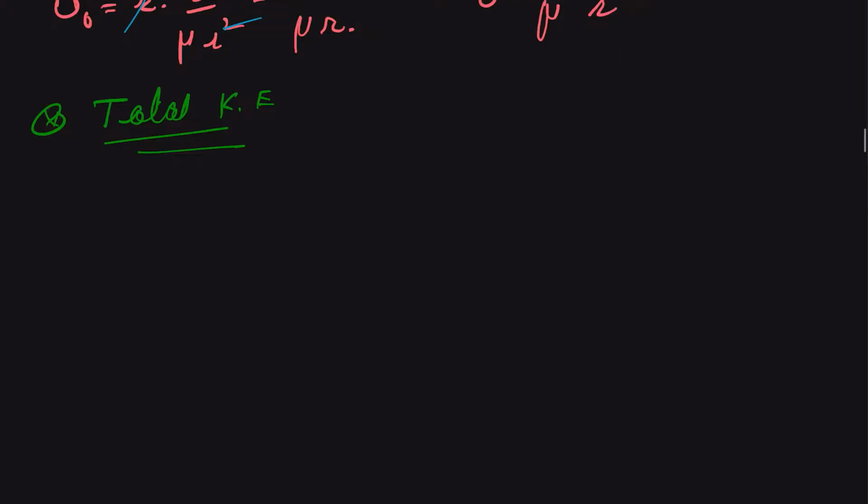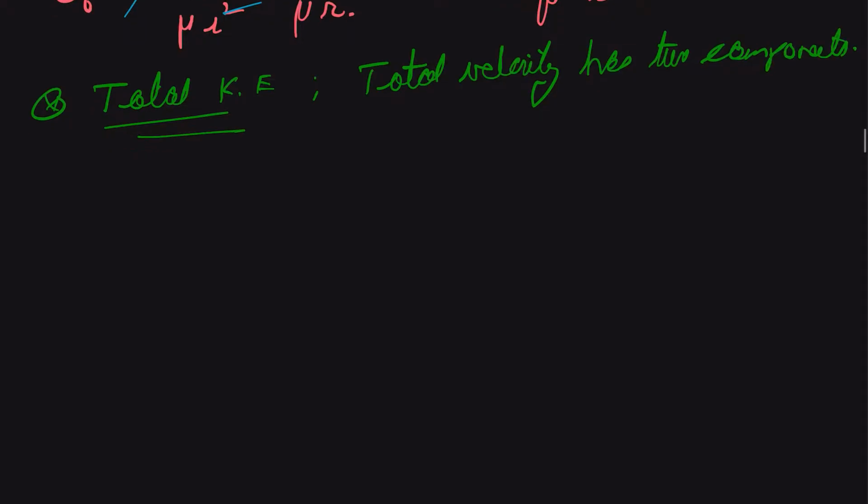We can say that the total velocity has two components, and we can write that v square is equal to the radial component plus the tangential component.